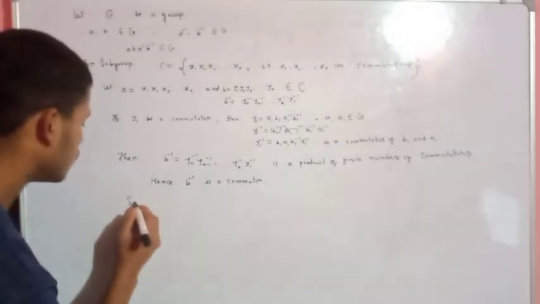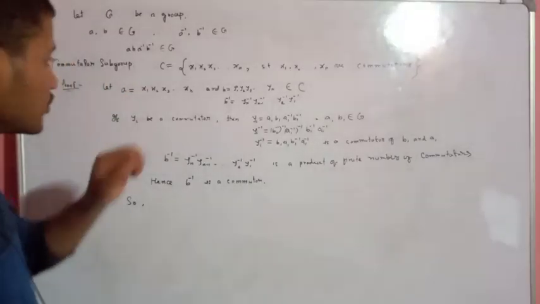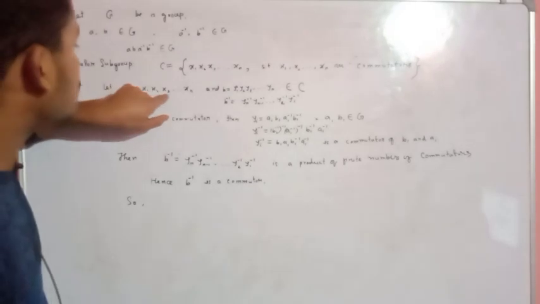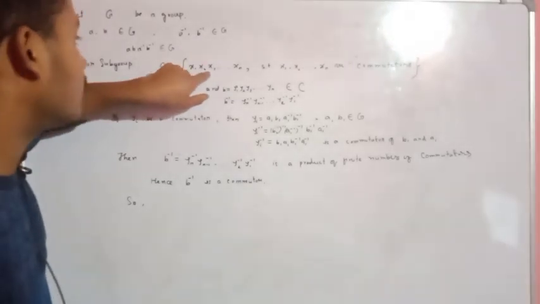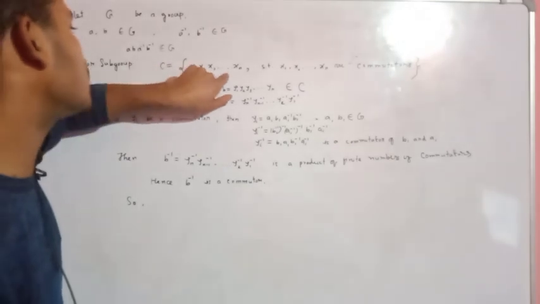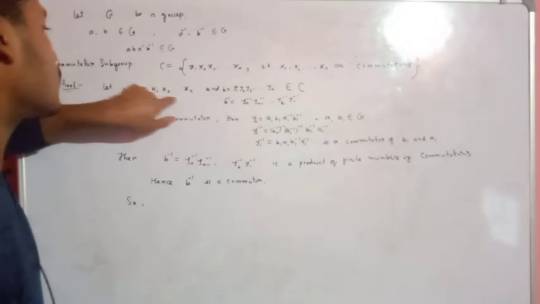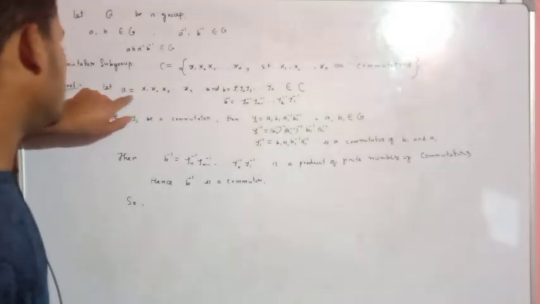And you know A is also a commutator, because A is the product of x1, x2, x3, ..., xn, which are in the set of commutators. So this is a product of finitely many commutators, so A is a commutator, right?